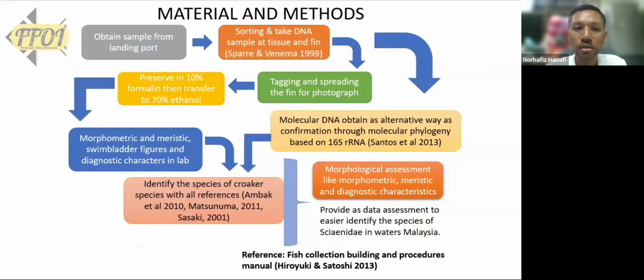So this is the procedure for obtaining the samples at the landing port. Sorting, taking DNA, tagging, preserving in 10% formalin and 70% ethanol, then doing the morphometric and heuristic work to make the diagnosis, and then the molecular DNA work.